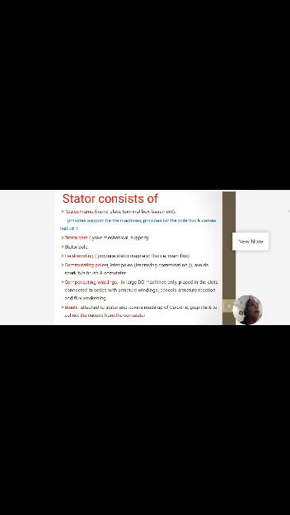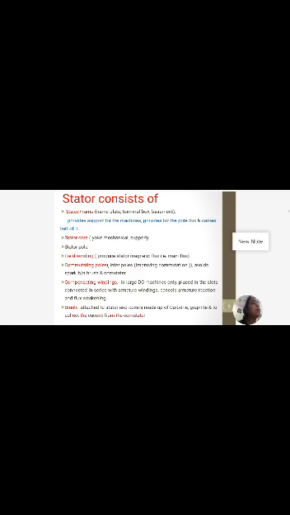And next, it is made up of laminated construction to keep eddy current loss as low as possible. That is laminations. The purpose of laminations is to reduce the eddy current loss.